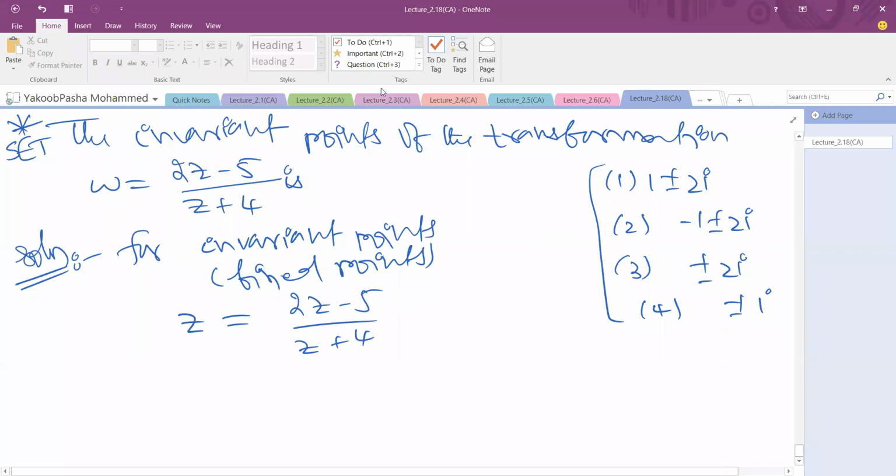Now solve the equation. So we can write this as z square plus 4z is equal to 2z minus 5. That is z square plus 2z plus 5 is equal to 0.